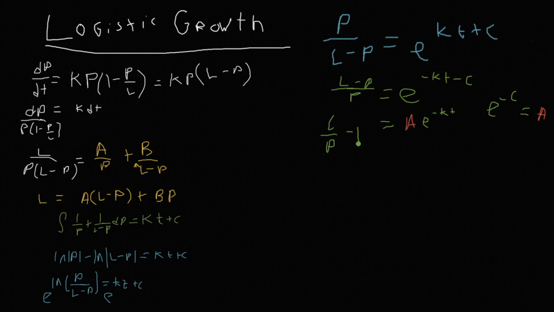And so this is just -1 based upon breaking up the fraction. And then we can add 1 to both sides. So +1 +1.